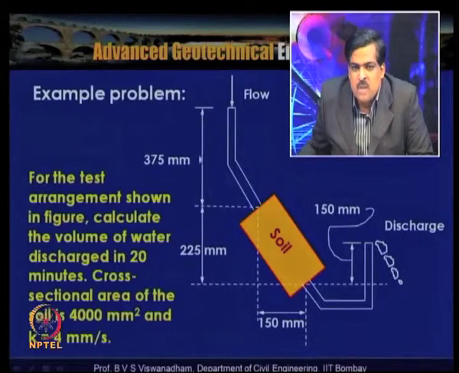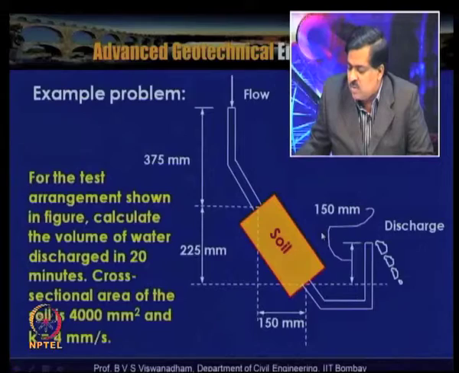So this height is 375 mm, and above this horizontal line this height is about 150 mm. So the overflow, that is the discharge, takes place from here. The permeability of the soil which is placed here is 4 mm per second.